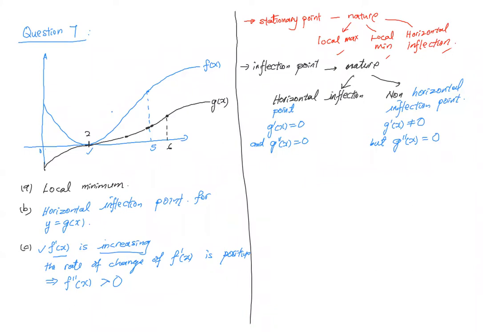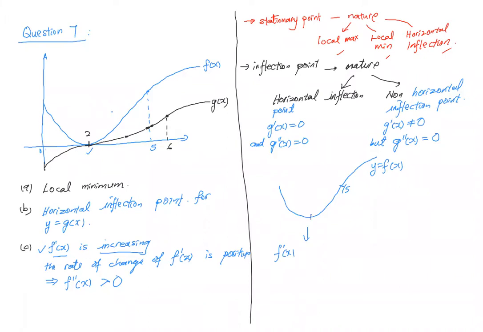That means when I sketch the f prime x graph, look, if this is my f(x) graph until 5, this is my y equal to f(x) graph. So when I draw my f prime x graph, how does it go?